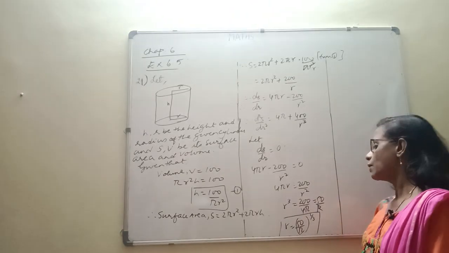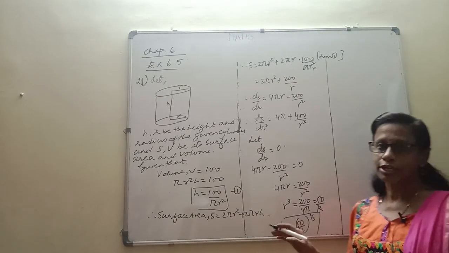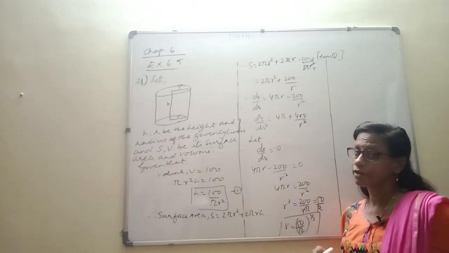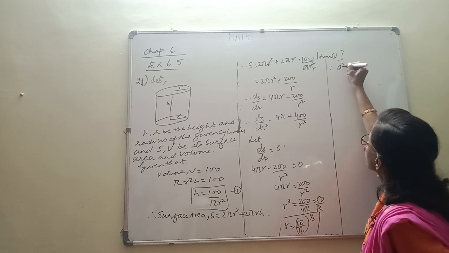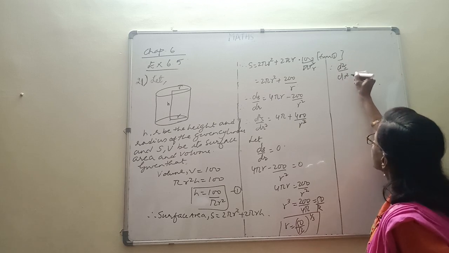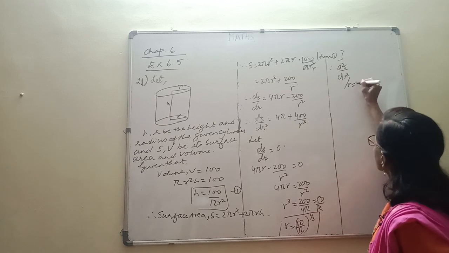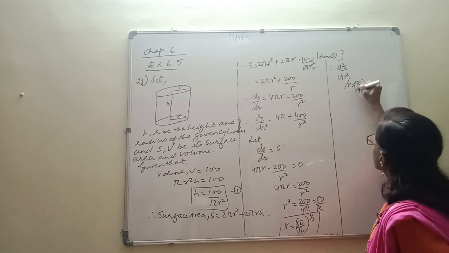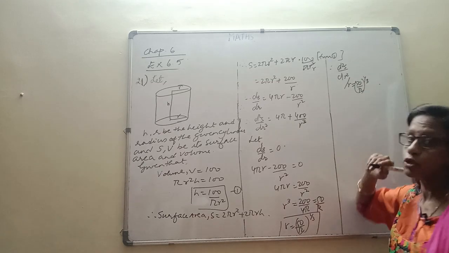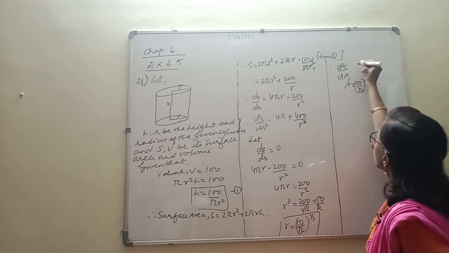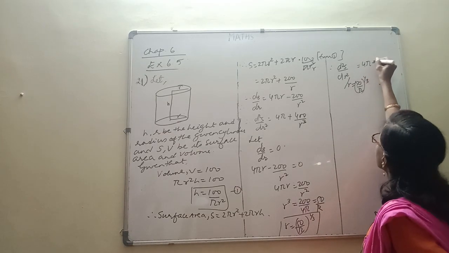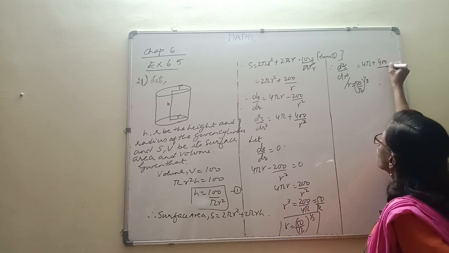R is this. Now we also have to ensure that there is a minimum. They have told us there will be a minimum, so let's ensure that. Therefore, d squared S at dr squared at r, which we have got as the cube root of 50 over pi. So let's check this. This is 4 pi, which stays as it is, plus 400 over r cube.